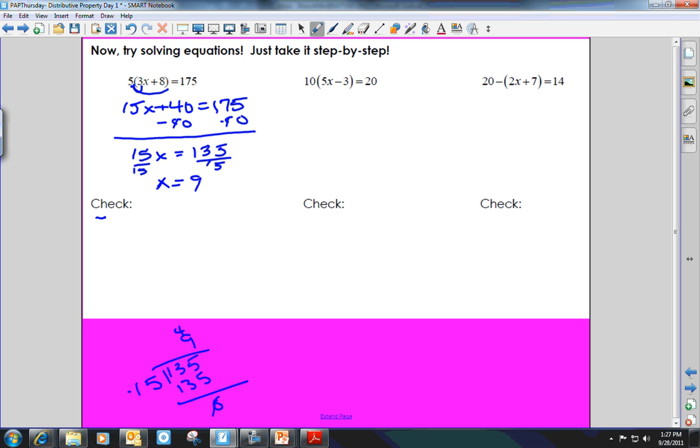Now for the check, we're going to plug this 9 back in where x was in our original equation. So I'm going to write out 5 times 3 times 9 plus 8 equals 175. 3 times 9 is 27. 5 times 27 plus 8.